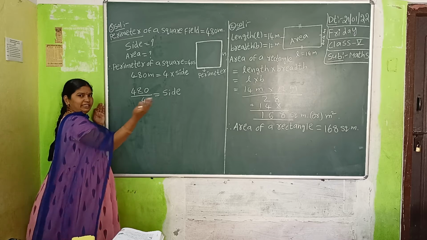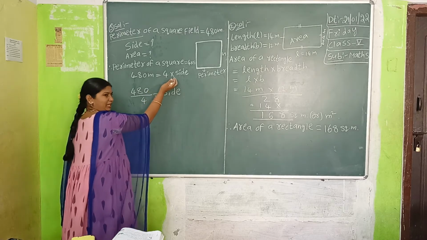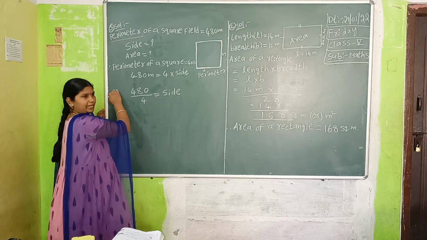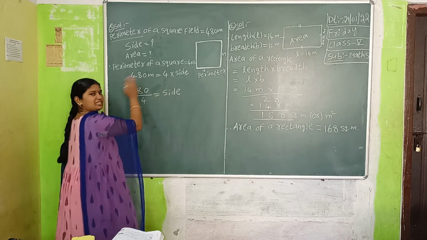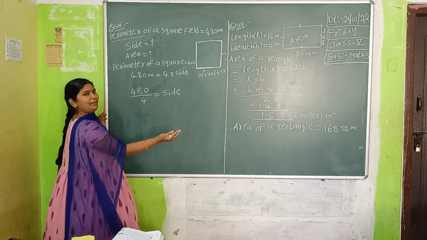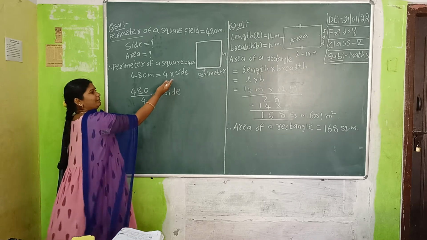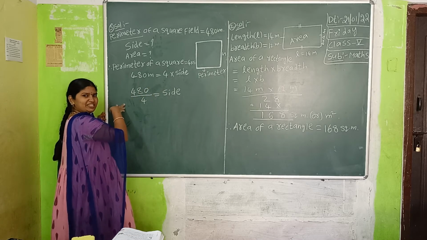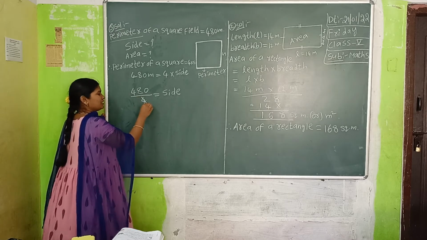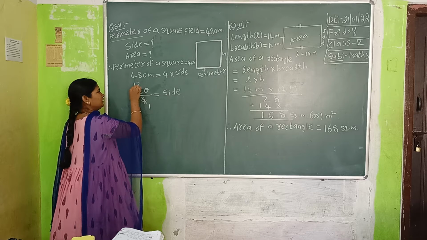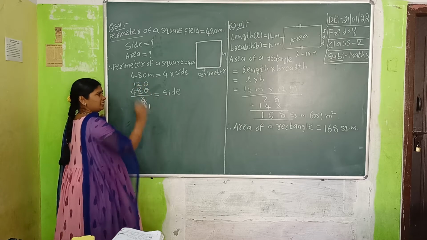When we change a number from the left hand side to the right hand side, the symbol changes. Plus becomes minus, minus becomes plus. Same like that. 4 ones are 4, 4 twos are 8, 0 as it is 0.